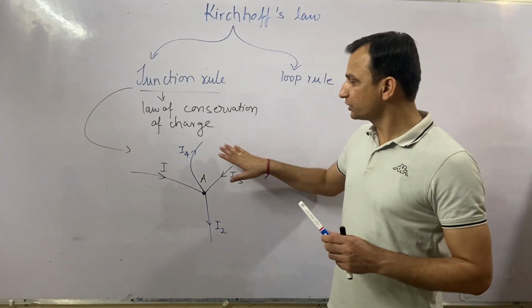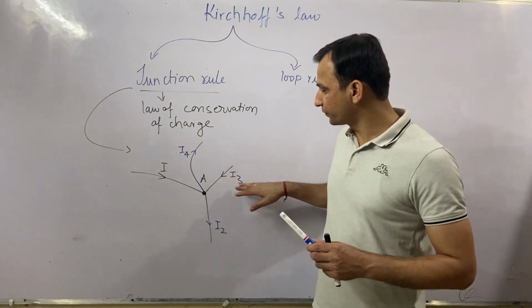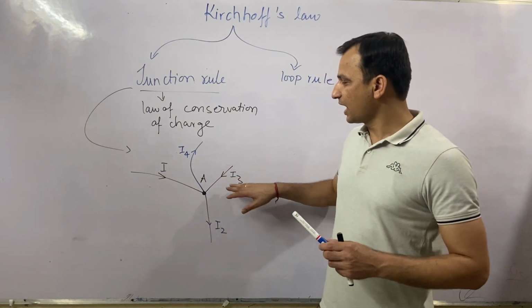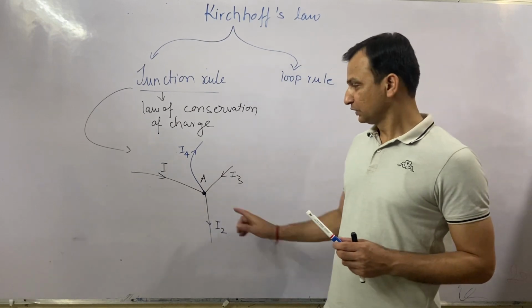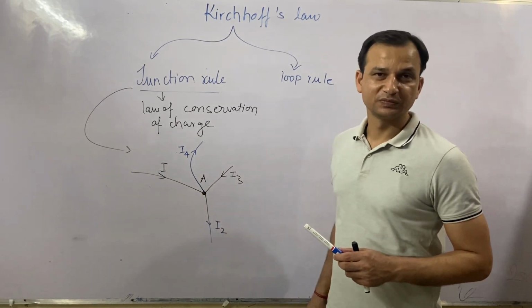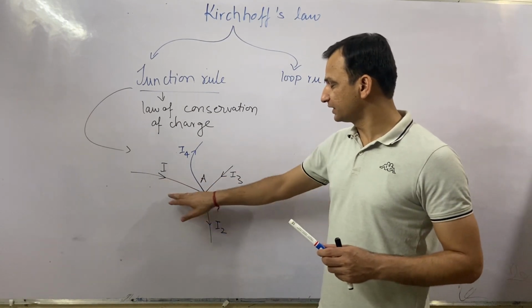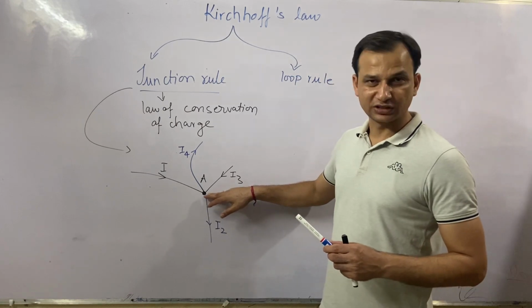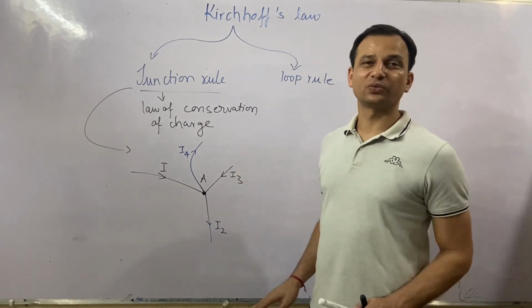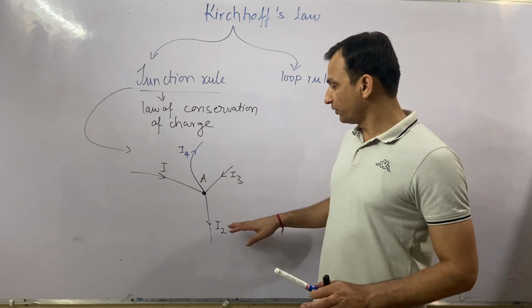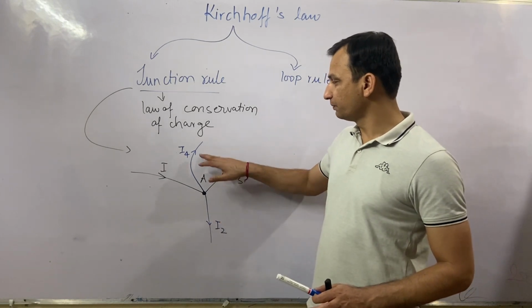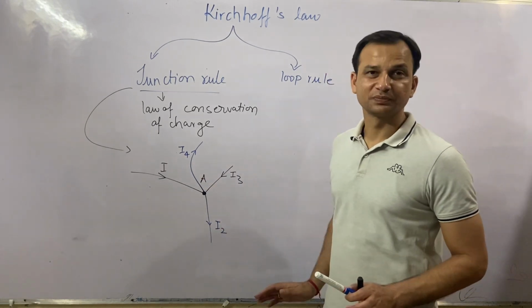According to the junction rule, the sum of current entering at a junction should be equal to the sum of current leaving from that junction.